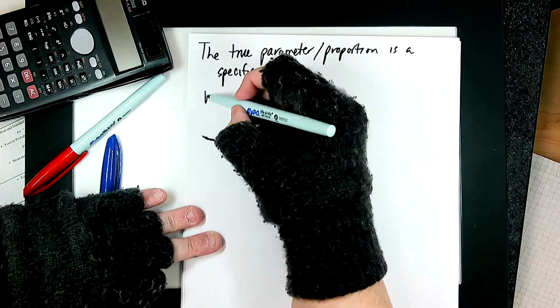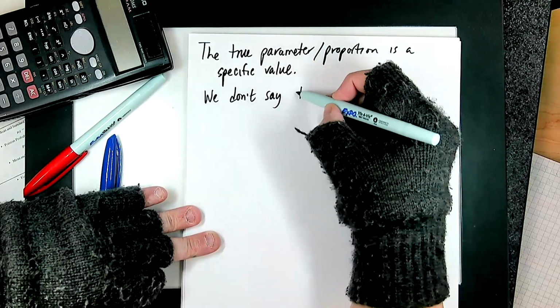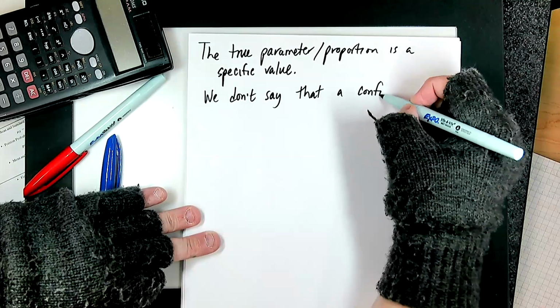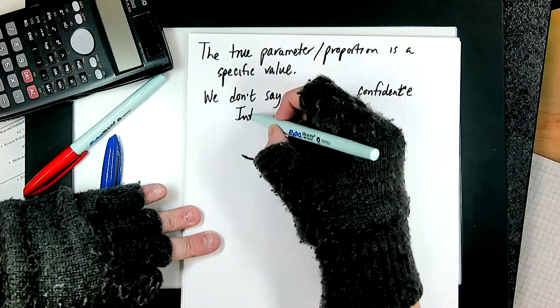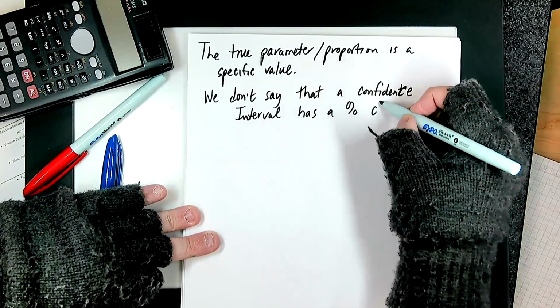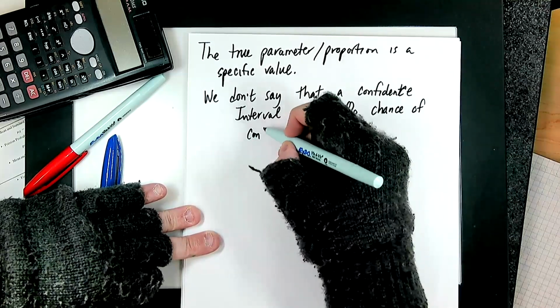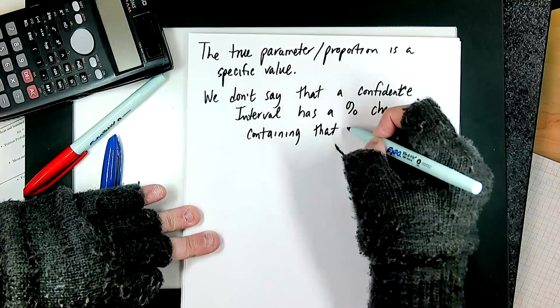So we don't say that a confidence interval has a percentage chance of containing that value.